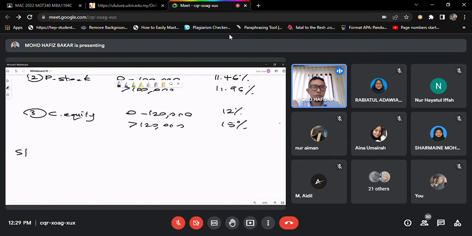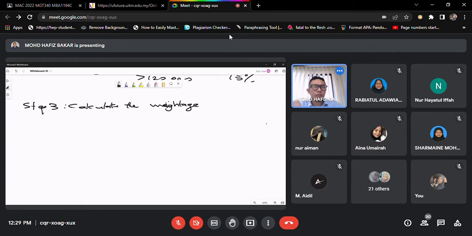That's step number 2. And then step number 3, calculate the breaking point, the weightage. So how to calculate the weightage? First one, bond or debt: BV divided by total BV.